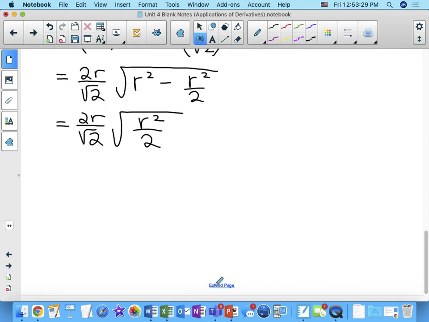Now, when I simplify that, if I take the square root of r squared, in the numerator, I'm going to get r. In the denominator, I'm going to have root 2.